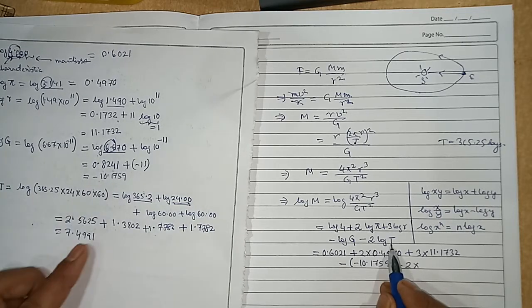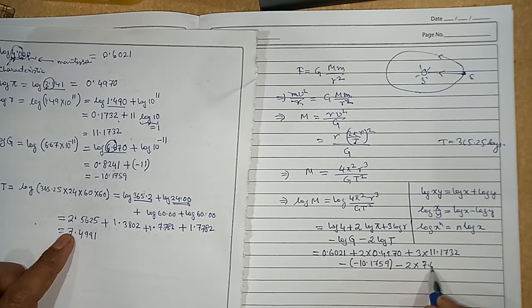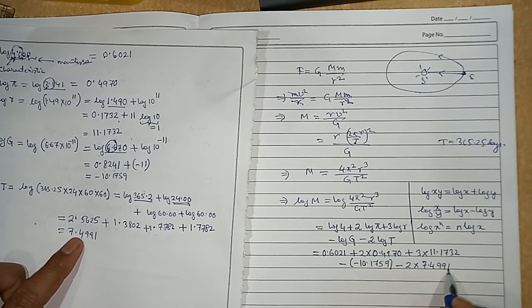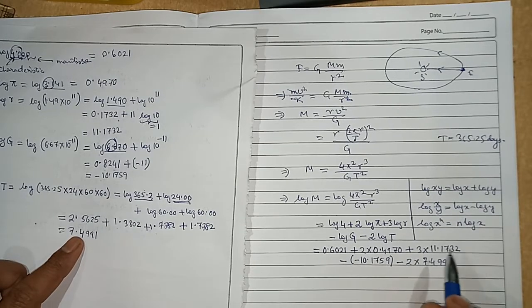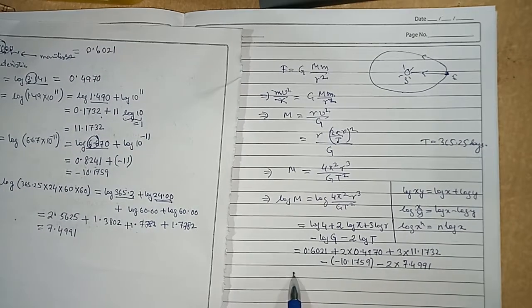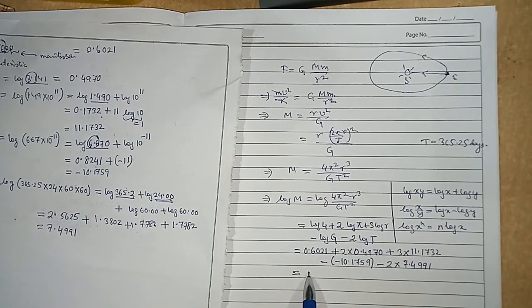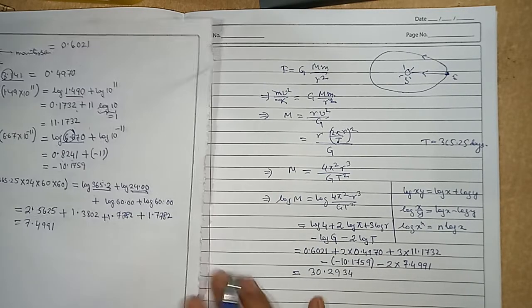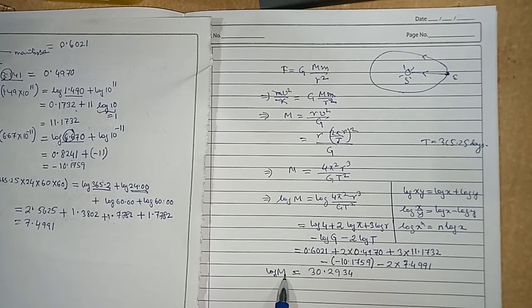Log T is 7.4991. After simplifying this, the value we get is 30.2934. This is log M.